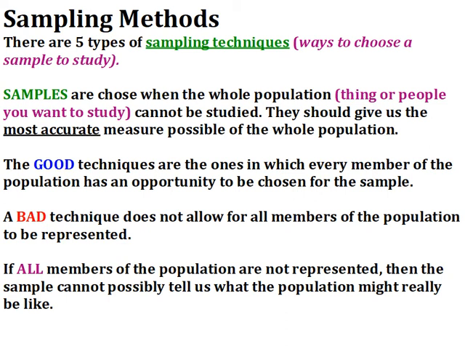The sampling technique should always give you the most accurate measure that is possible for the whole population. So we want our sample to be representative of a bigger population. So good techniques are the ones in which every member of the population has an opportunity to be chosen for the sample. Just because you choose a sample doesn't necessarily mean that it's a good one.